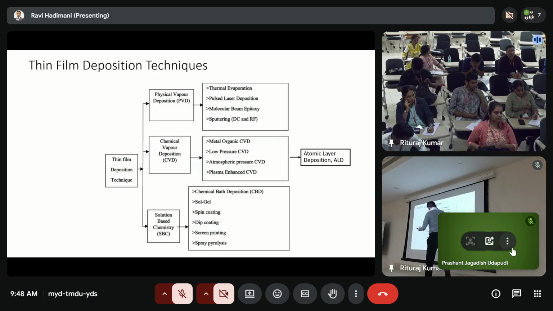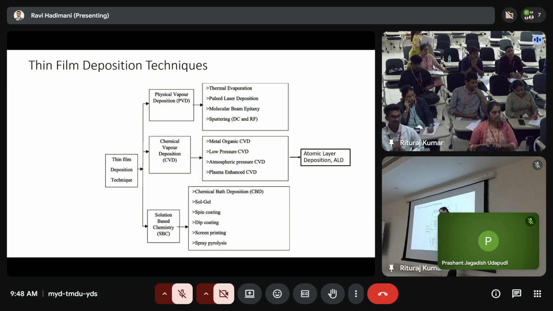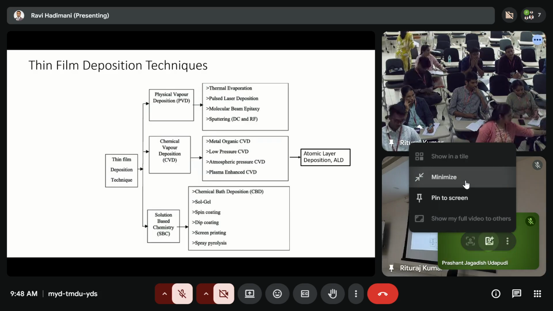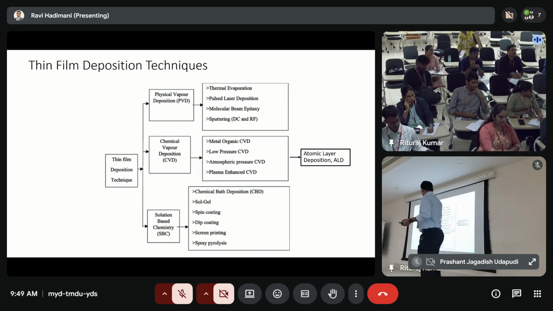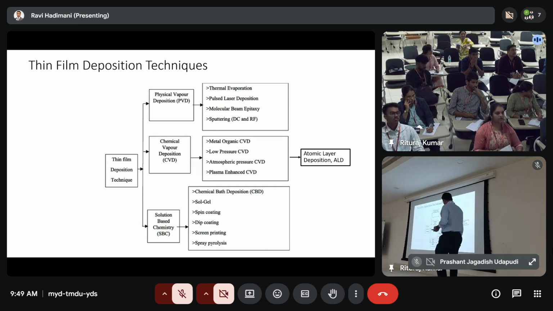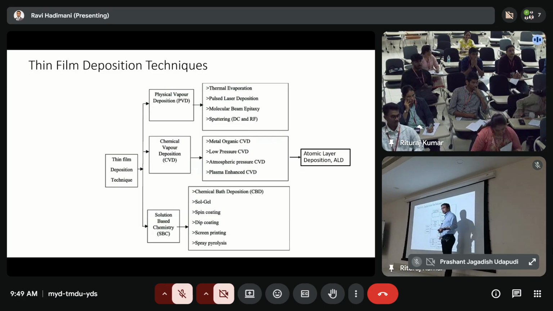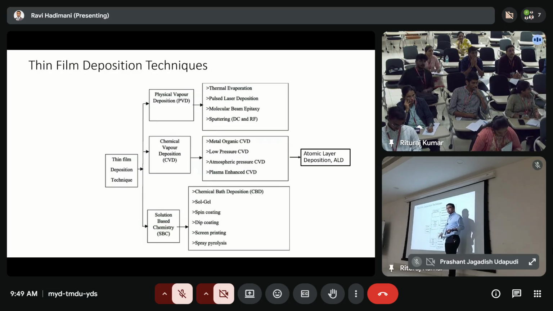Things like screen printing, wherein you can coat up to a few millimeters, but a really good screen printer can go to maybe less than a micron. Spin coating is another one that is quite widely used, and then sol gel is a chemical reaction process in a not so sophisticated environment.